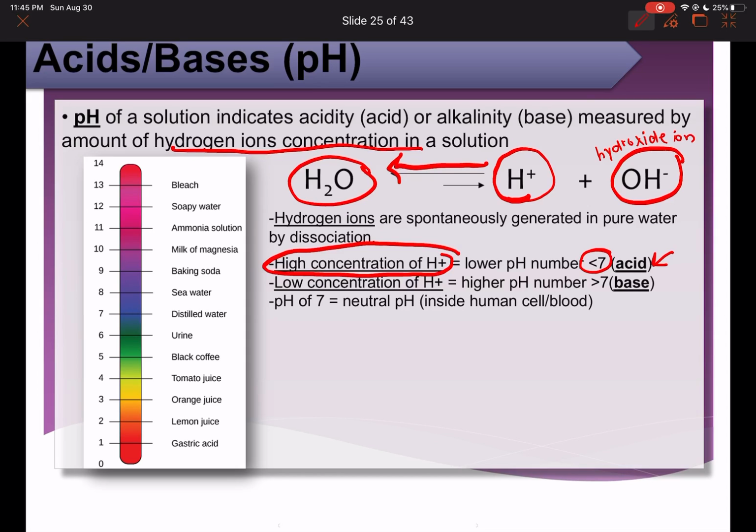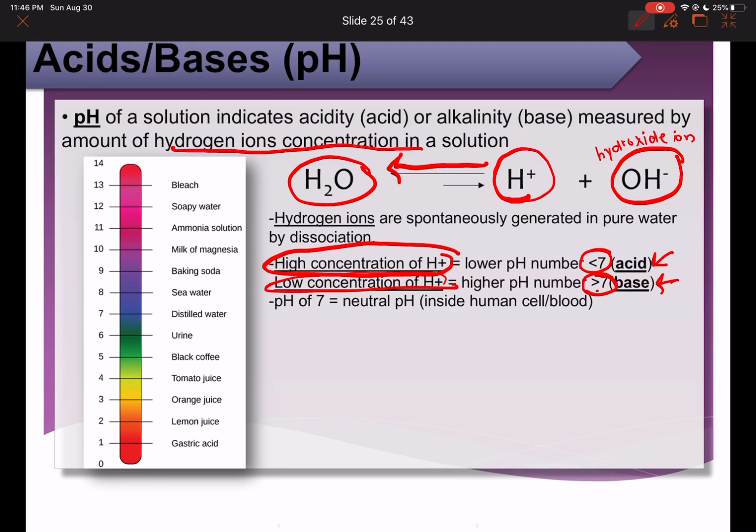If a smaller amount of hydrogen ions is available in a solution, the pH numeric value of the solution will increase greater than 7 specifically, and that indicates the solution is basic or more alkaline, whichever way you want to think about it. Okay, alkaline and basic mean the same thing.